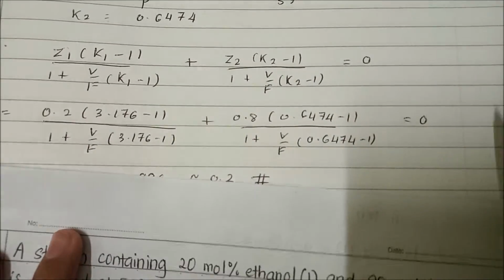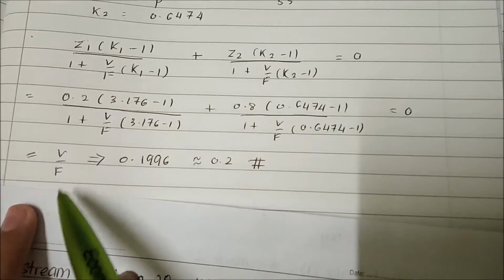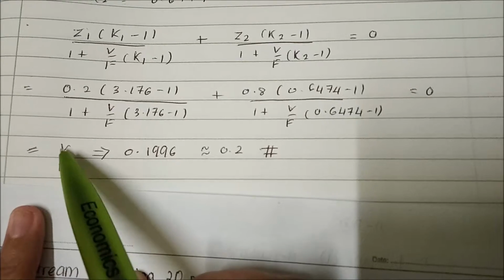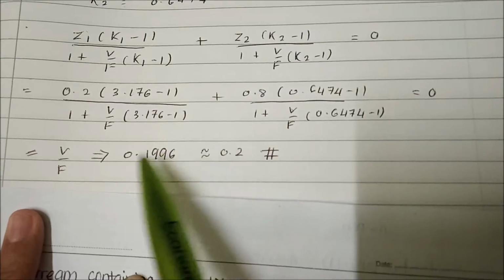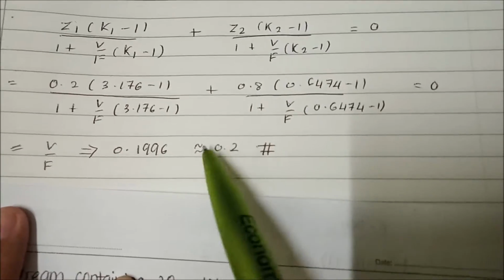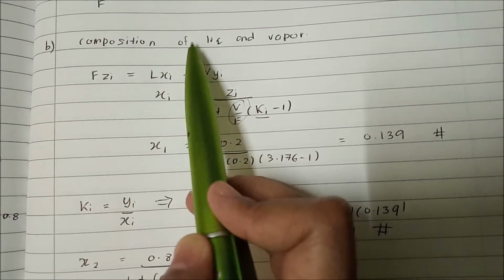Just substitute in the values. This is our unknown, what we need to find. After rearranging and making V over F the subject, we get our fraction of feed vaporized equal to 0.1996, approximately 0.2.